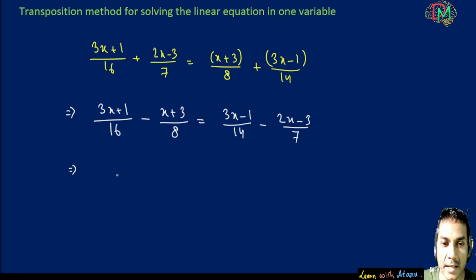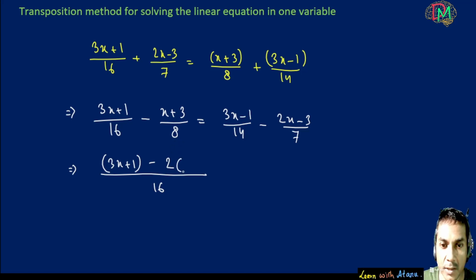Next, what is the LCM of 16 and 8? It is 16. Here it becomes 3x plus 1, because if we divide 16 by 16, we get 1. So 3x plus 1 remains, and here if we divide 16 by 8, we get 2.